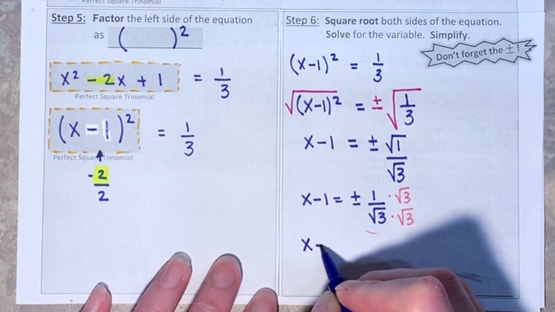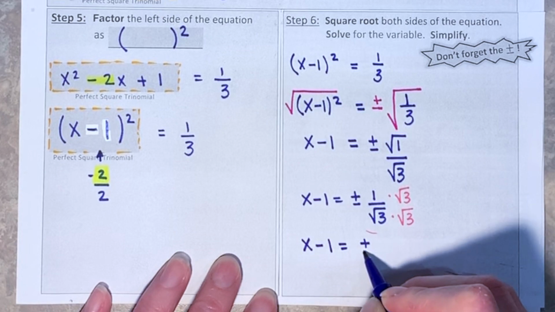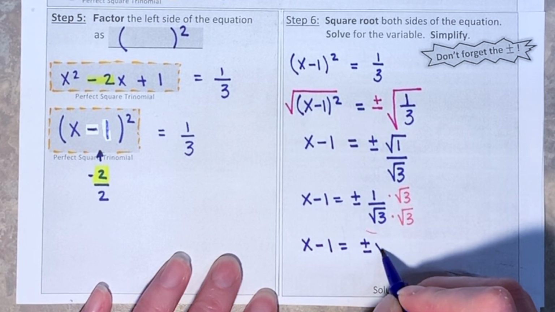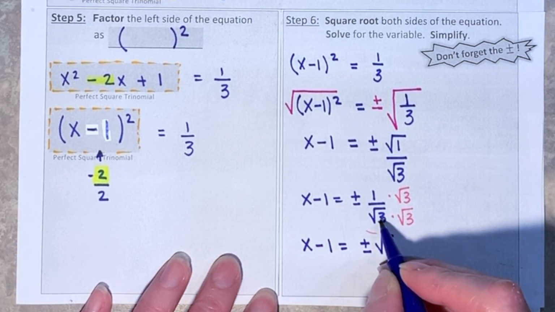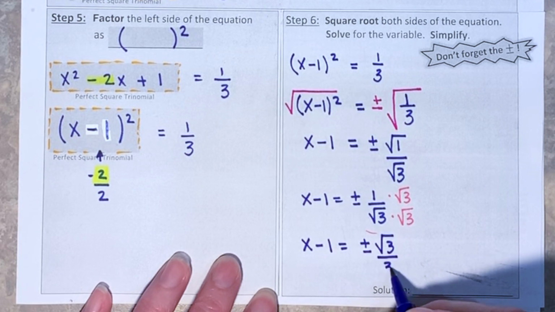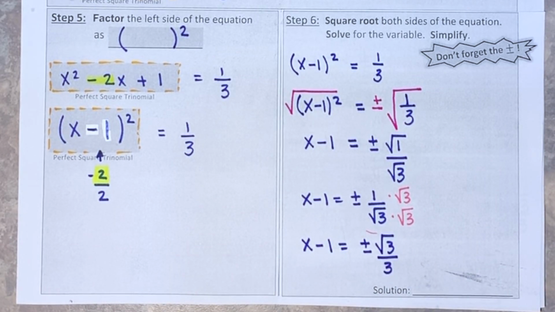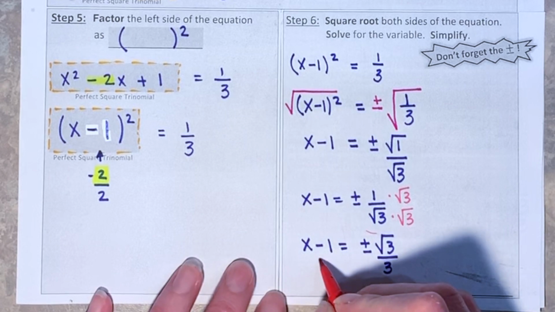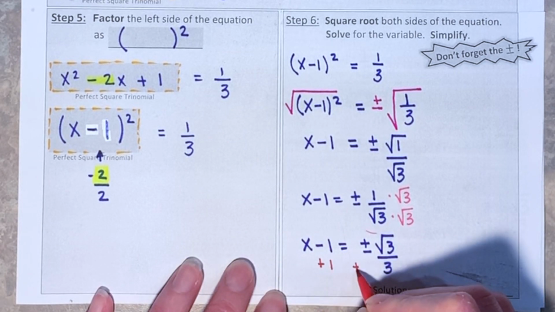We'll bring down the x minus 1, plus or minus. 1 times the square root of 3 leaves us with the square root of 3, and the square root of 3 times the square root of 3 just leaves us with 3. Now, when a problem asks you to solve, that means for our final answer we should have x isolated. So to isolate x, let's add 1 to this side and add 1 to the other side.